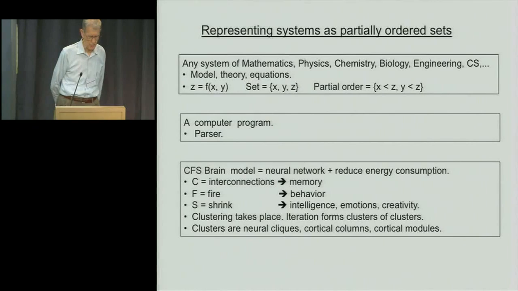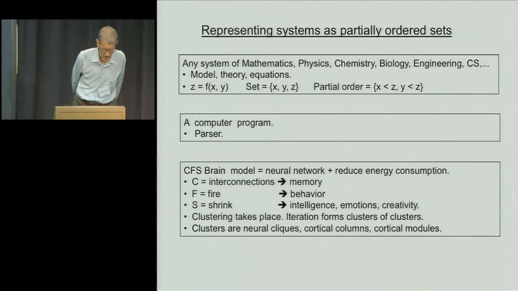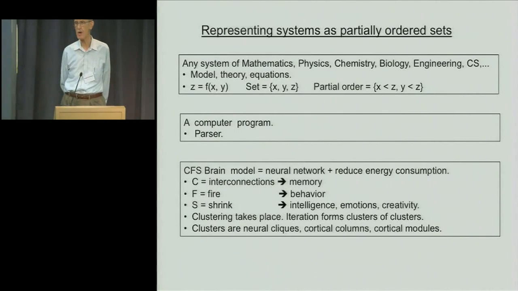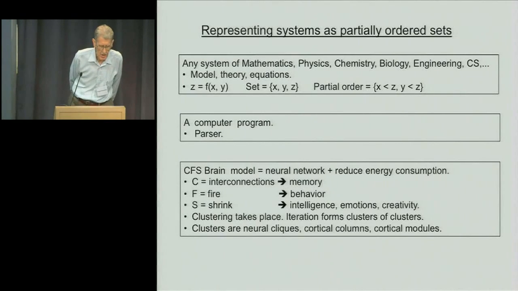What do you do if you have a system and you want to perform a mathematical analysis of that system? The first thing you do, you need a theory, you develop a model of the system, and you write some equations by that theory. Let's say z equals some function of x and y is one of those equations.